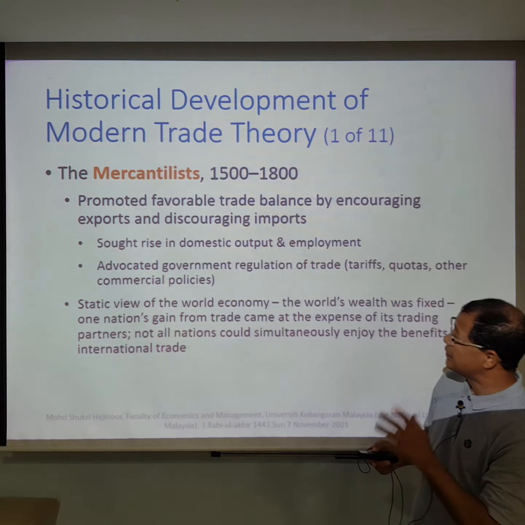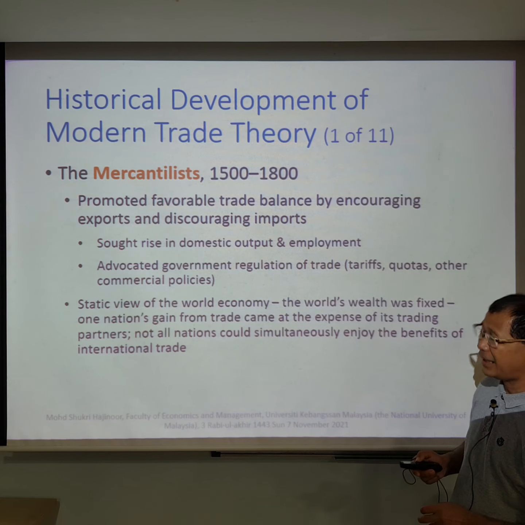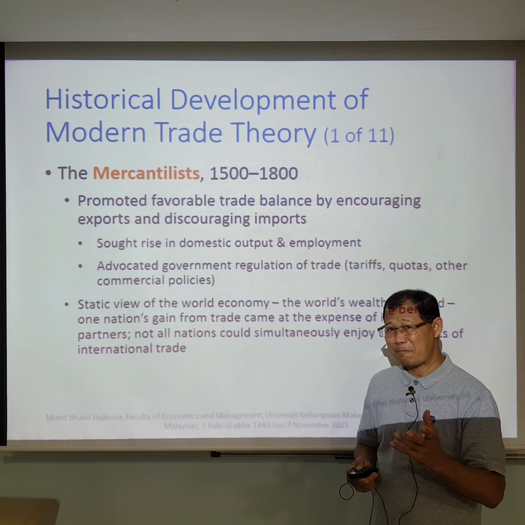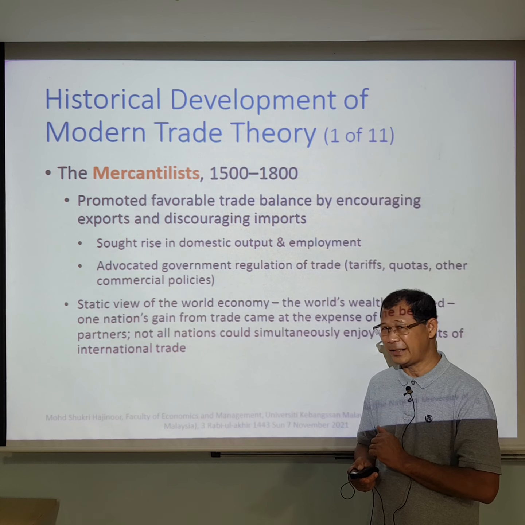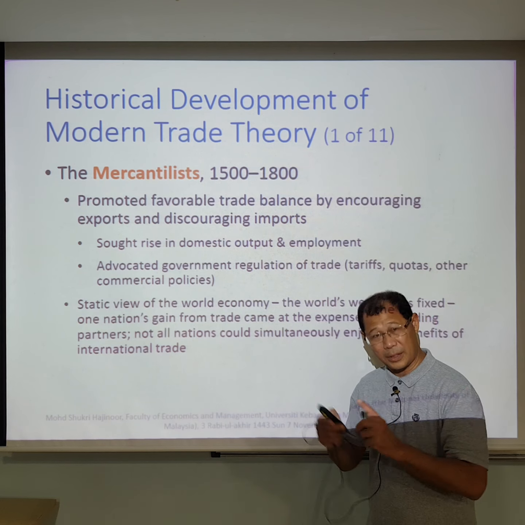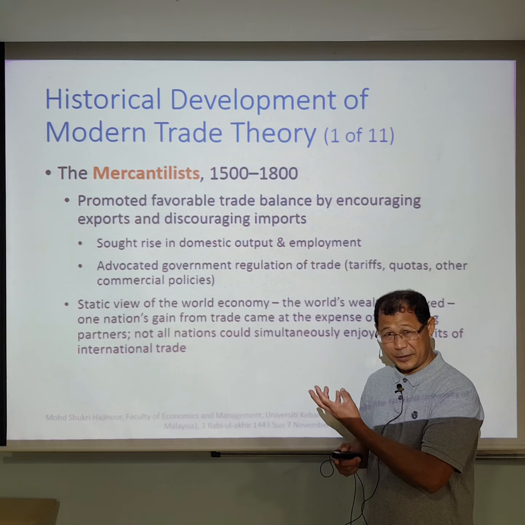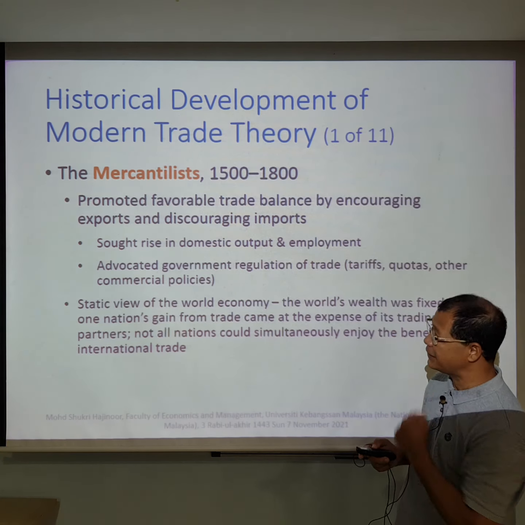Mercantilists promoted favorable trade balances by encouraging exports only, but not encouraging imports. That's not going to work in the world. The world can only export and import. That's the free trade that we're going to study, not the mercantilist.